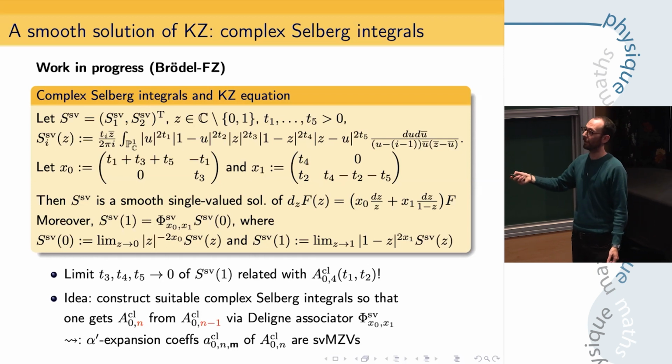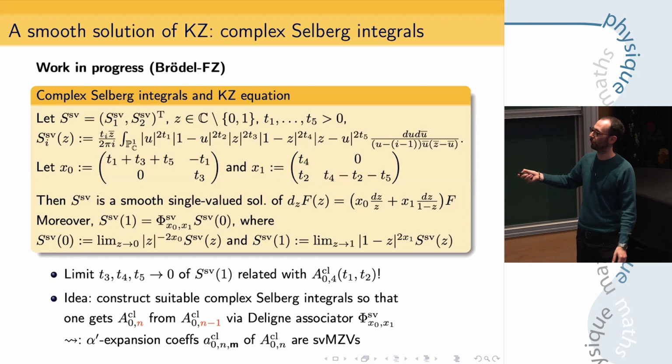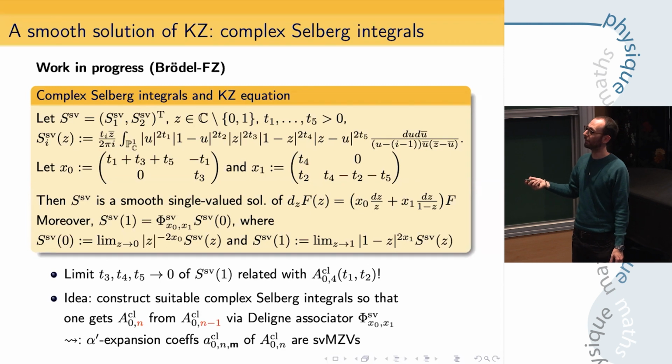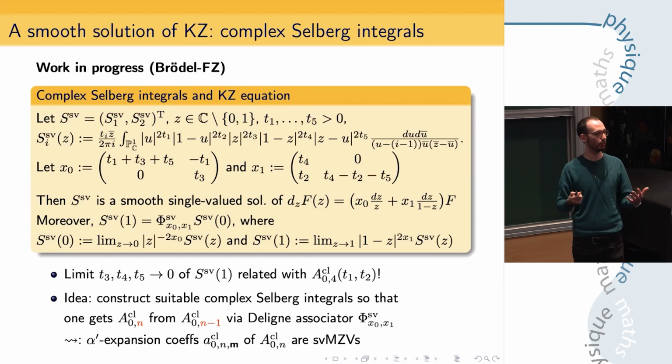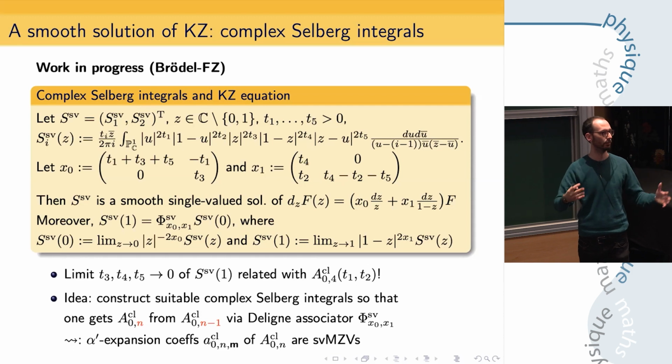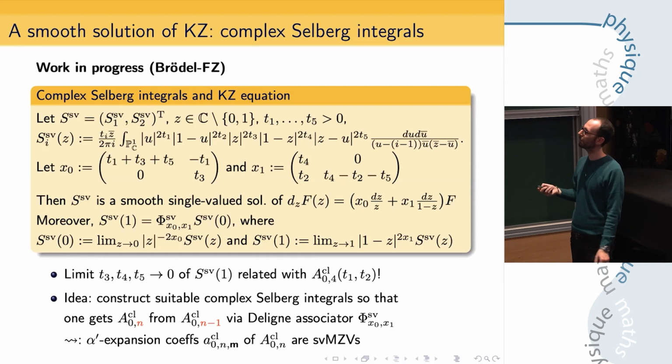And that's an alternative way to prove that you get single-valued multiple zeta values as coefficients, but also to directly show a recursion on the closed string amplitudes, which was not worked out explicitly, even though one can also prove this via the motivic period formalism of Francis and Clément.